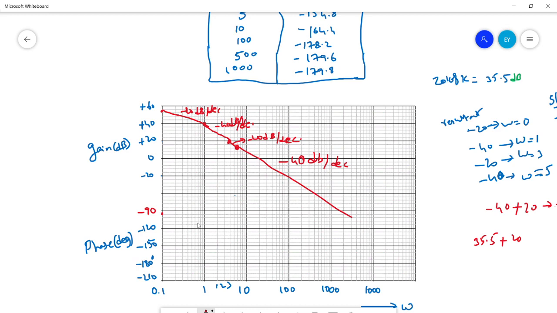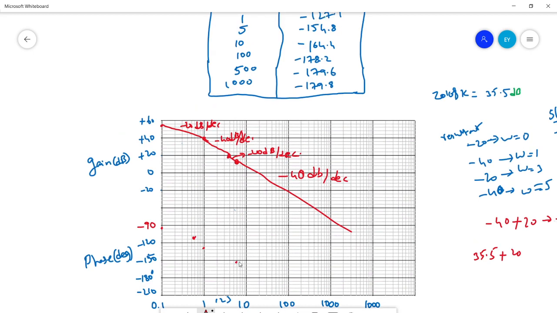Omega is equal to 5 is somewhere here: 1, 2, 3, 4, 5. Here what we get is minus 154.8. Then at omega is equal to 10, minus 164.4.